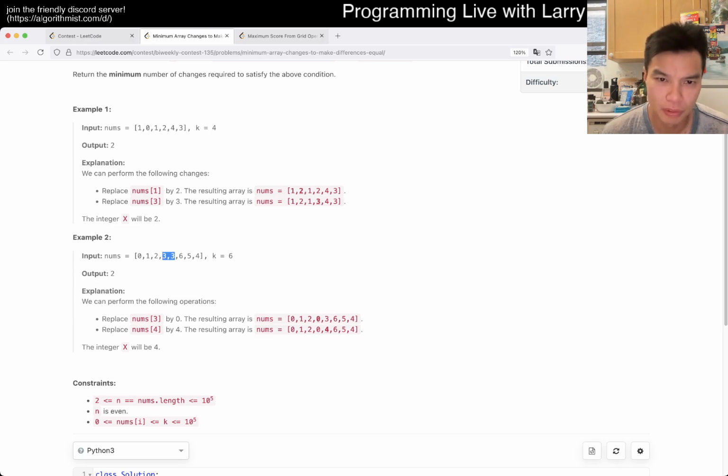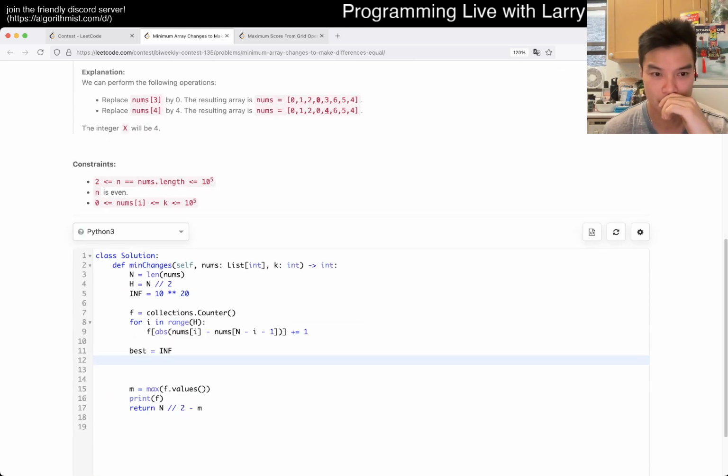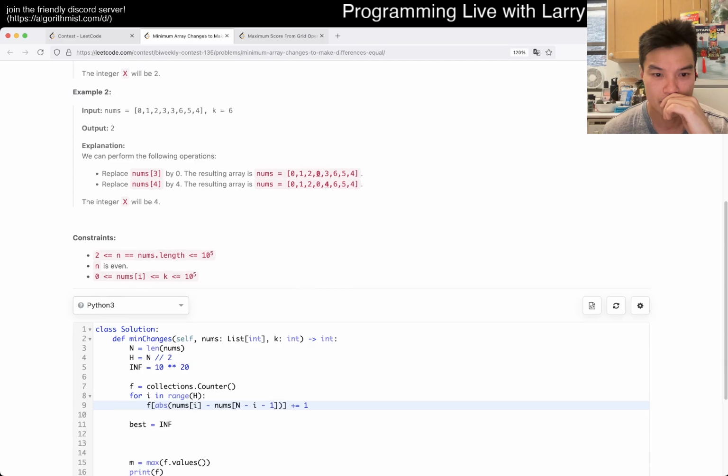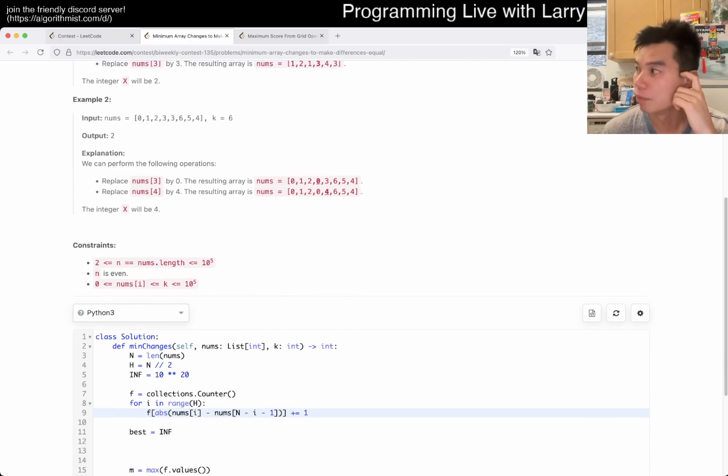This is 2 and 4. That's the answer. The answer changes, right? So then now, what do we want? We want the min number, maybe? Is that good enough? I don't even know.